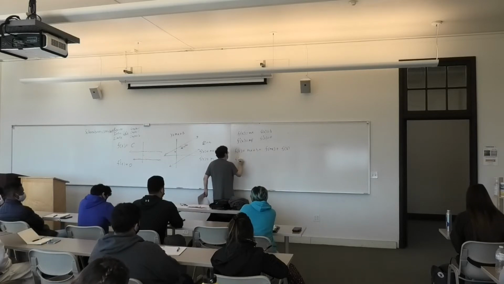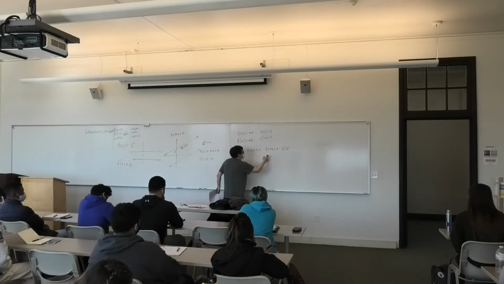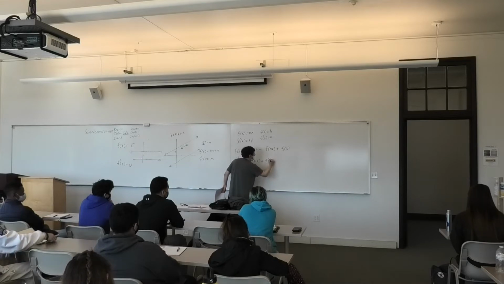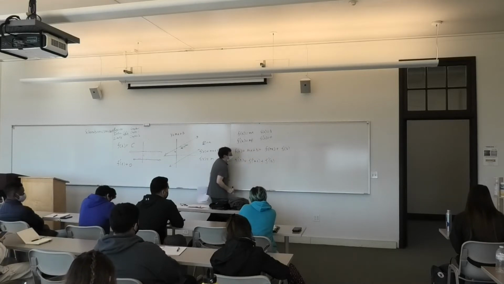Its derivative is the derivative of mx plus the derivative of b. Because this is 0, right? And this is just m.